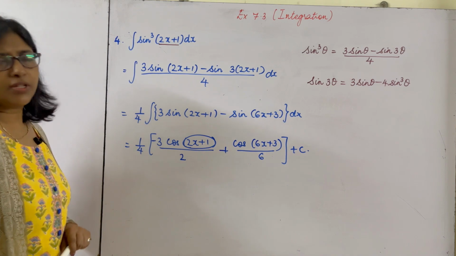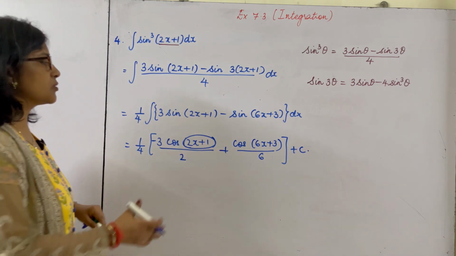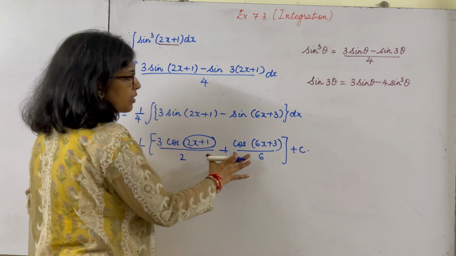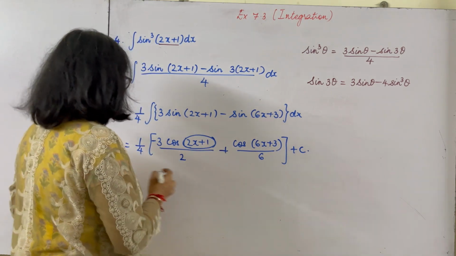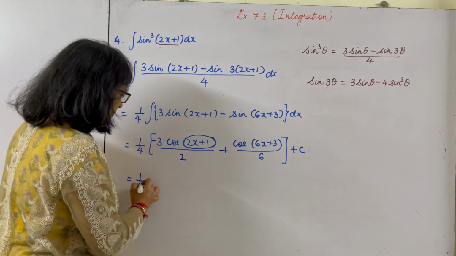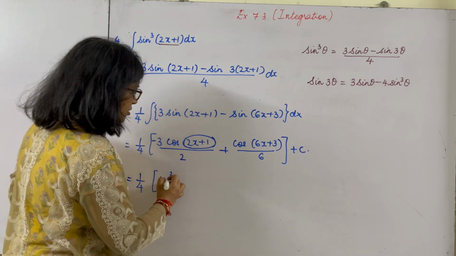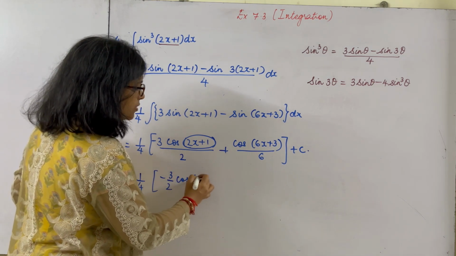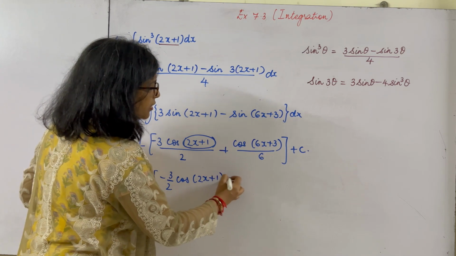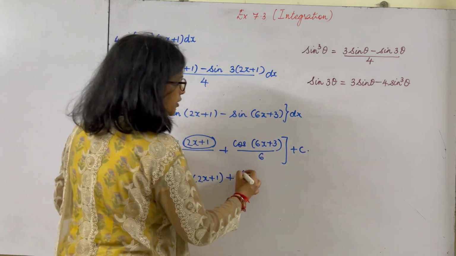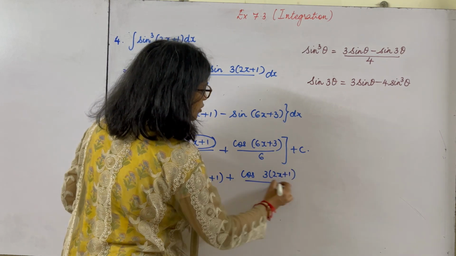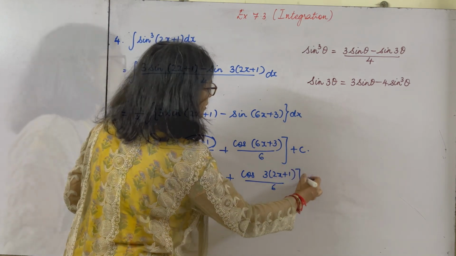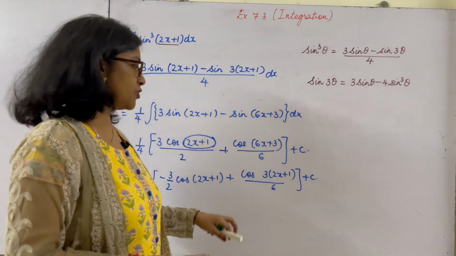Now this is one question which can be done in many different ways, so our answer may not be exactly as it is given in the book, but on simplification you will get the value. So suppose if we rewrite this as cos of 3 into 2x plus 1 and apply the formula of cos 3 theta. What is the formula of cos 3 theta?